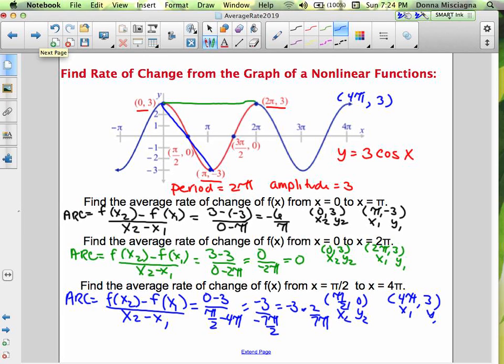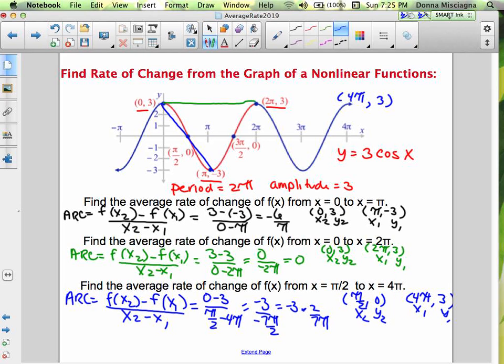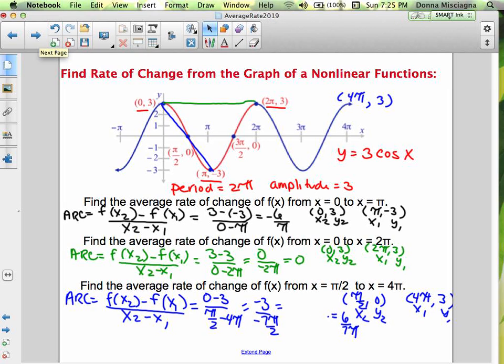Right? And then that would be, where can I squeeze that in? All right, let's just move it down a little bit further. Both of these are negative, that would be positive 6 over 7 pi. And there we go, 6 over 7 pi.